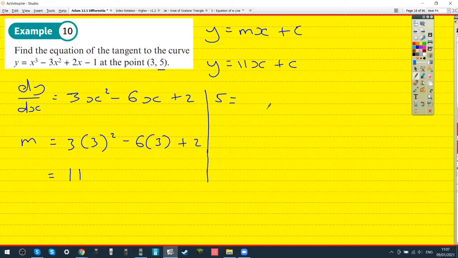And then could you... So it'd be 5 equals 11x plus c. Well, what is x when y is 5? What x value gives you a y of 5? When x is 3.